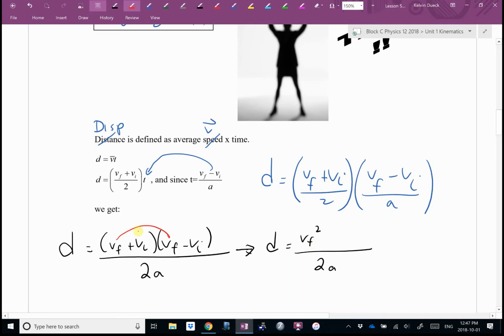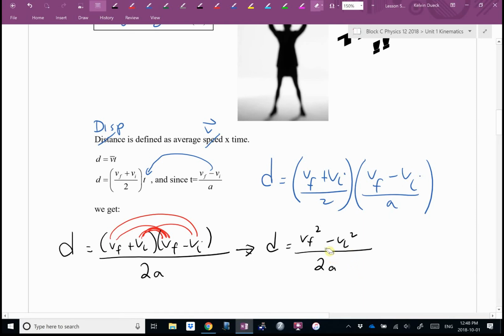And if I multiply the last two terms together, I'll have a positive times a negative, and I have VI times VI, so I'll have a minus VI squared. Now, if I multiply these two middle terms together, I'll get positive VI VF. If I multiply the outer terms together, I'll get negative VI VF. You know what positive VI VF minus VI VF is? 0. Hey, some of you might recall this equation.